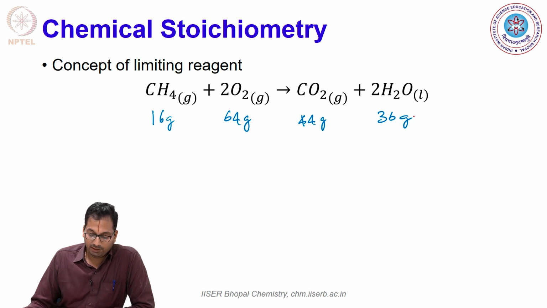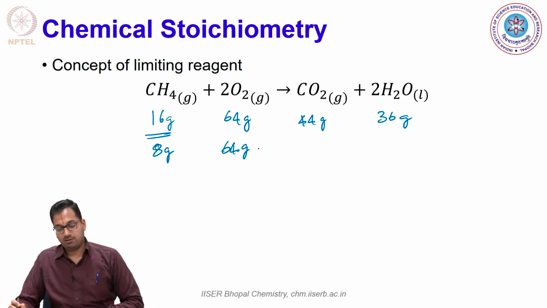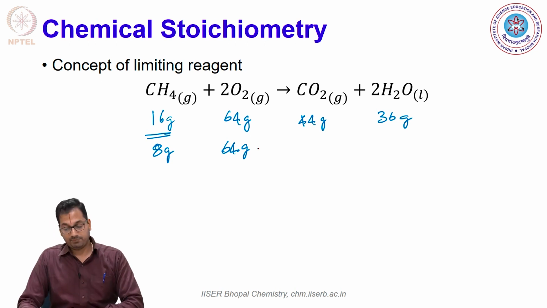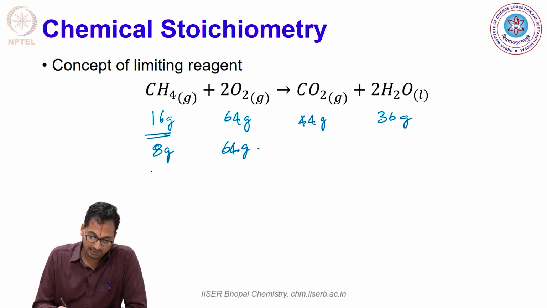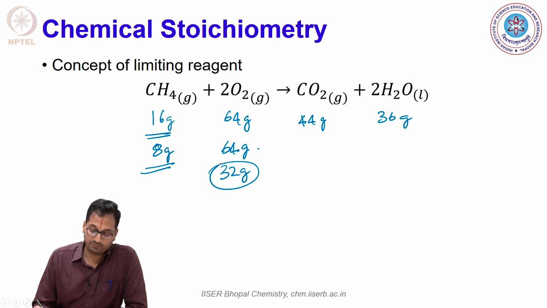And one has to remember what happens if you just had 8 grams of methane while you still had 64 grams of oxygen. When this happens, what you are able to realize is that 8 grams of methane is only going to use about 32 grams of oxygen. This results in an excess of 32 grams of oxygen.